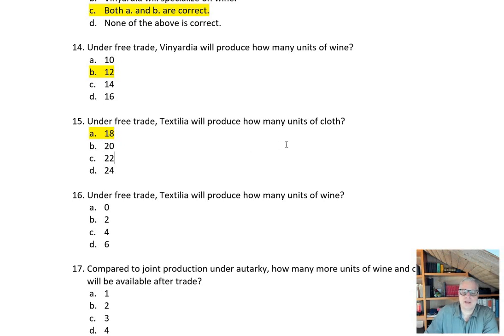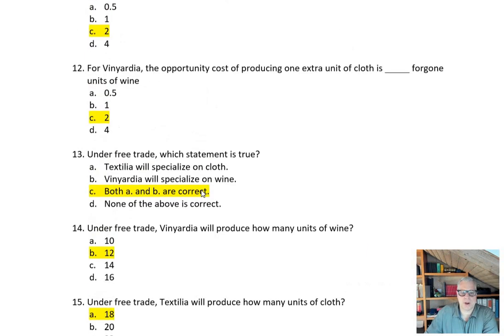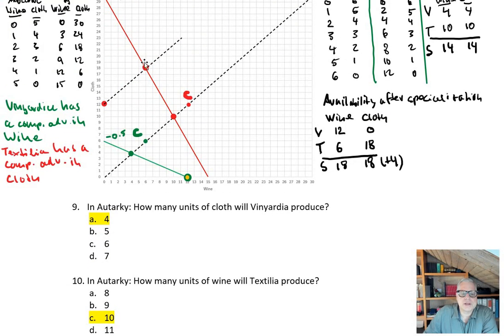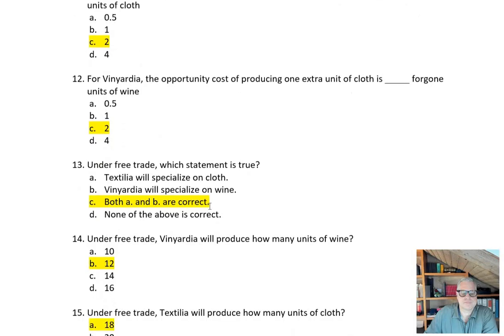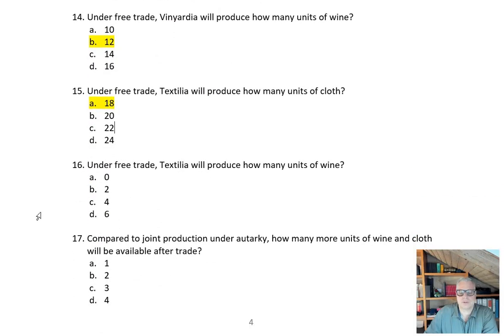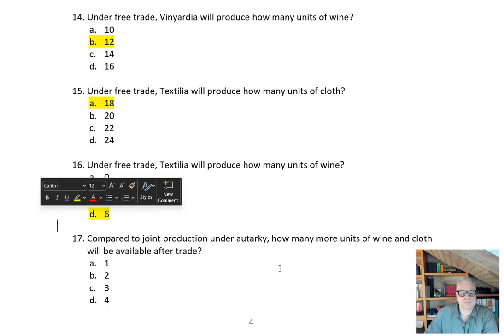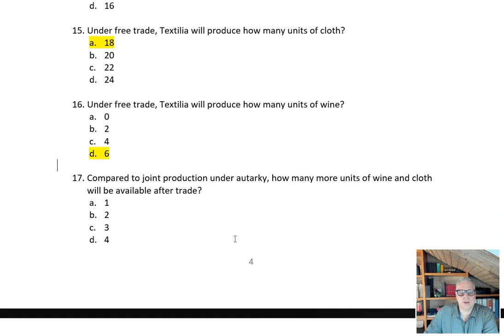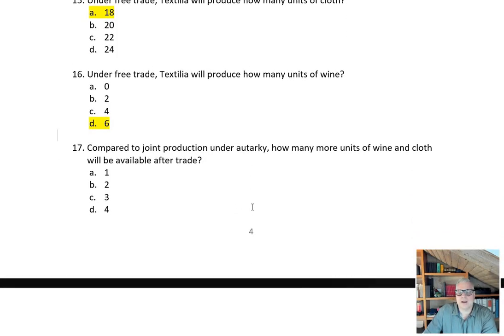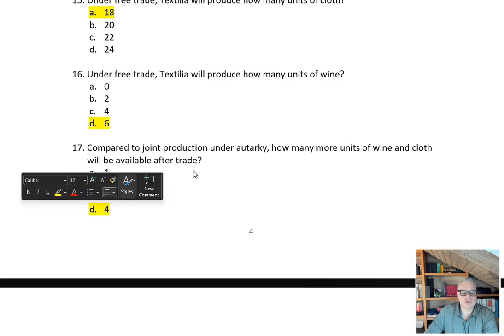Under free trade, Textilia will produce how many units of wine? They still produce 6 units of wine. And compared to joint production under autarky, how many more units of wine and cloth will be available after trade? So that is 4 of each.